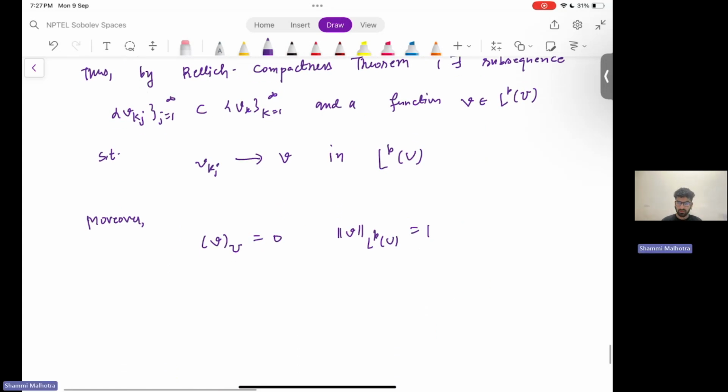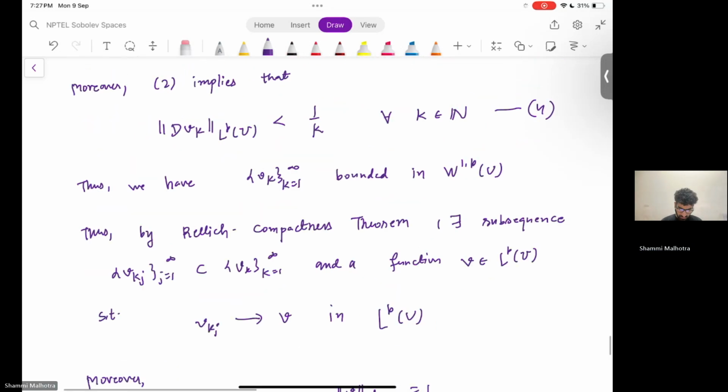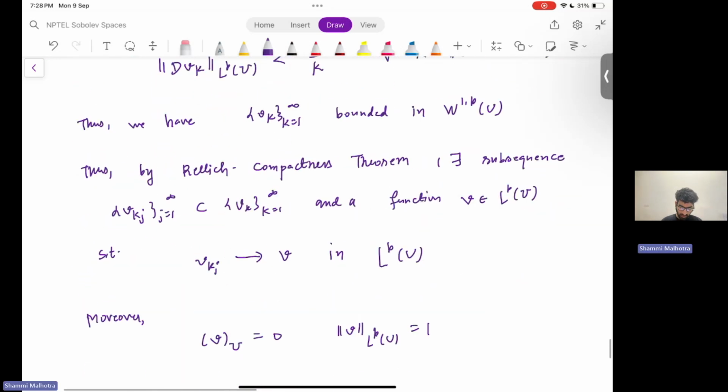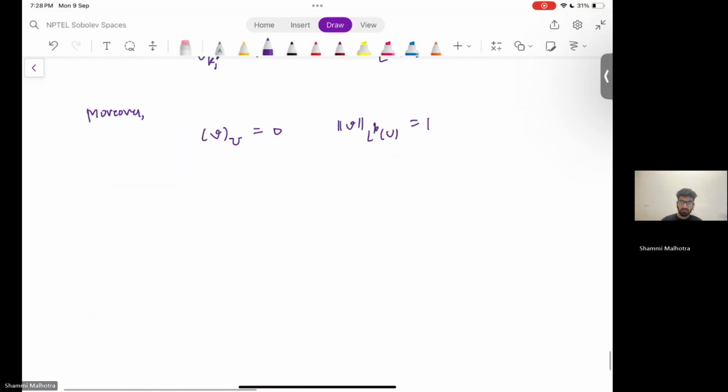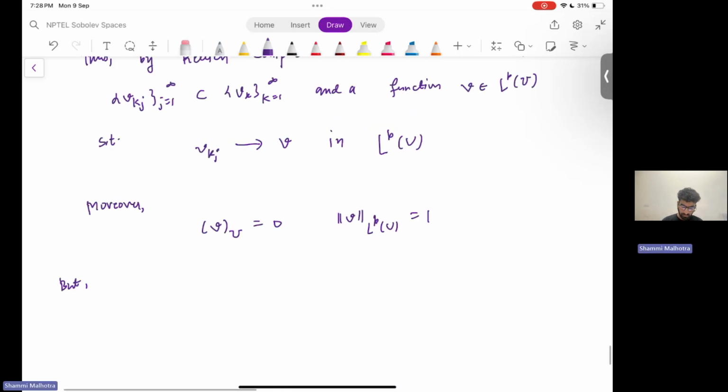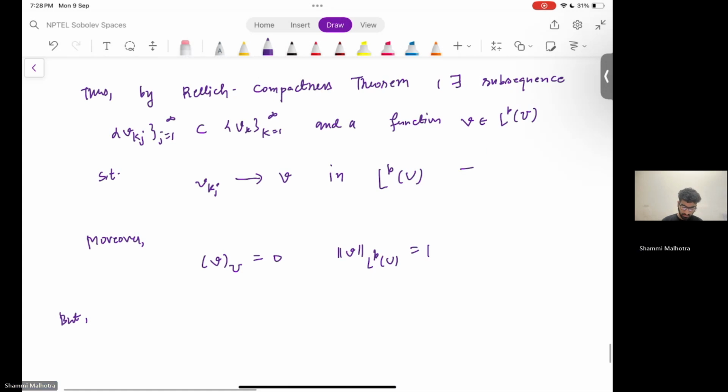So we can use the DCT. Let's name this to be 5 and this to be 6.